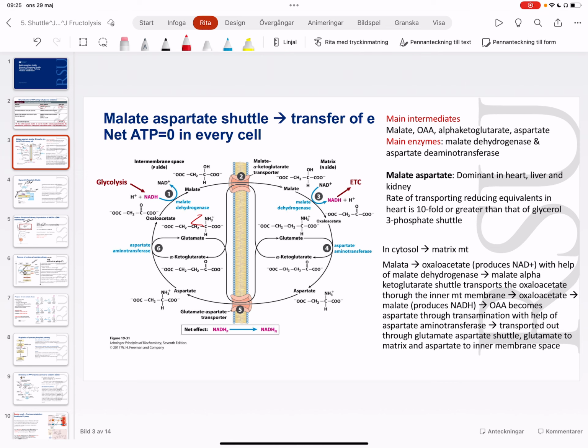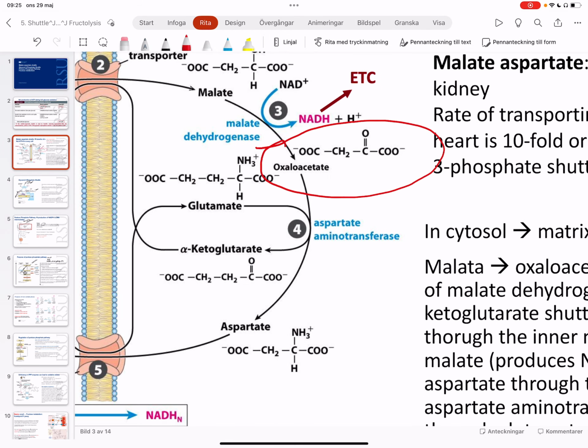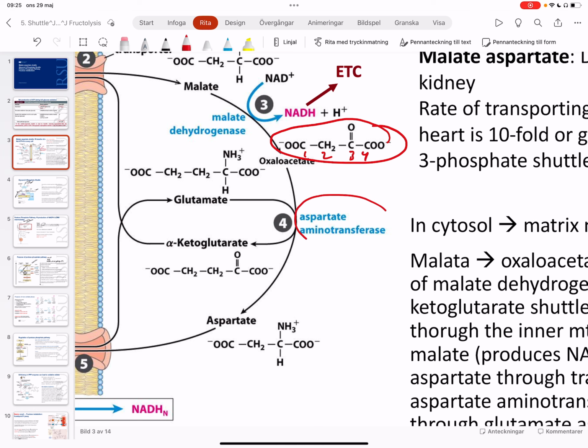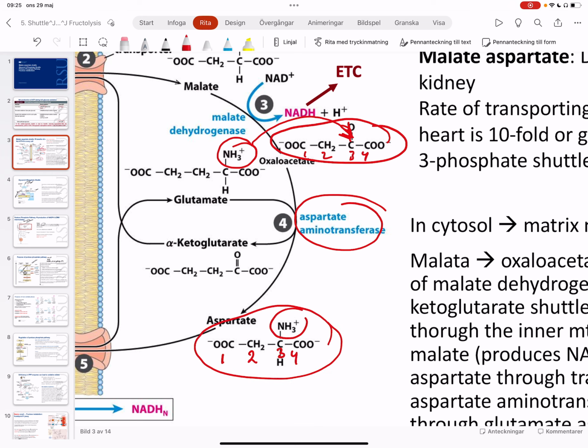So also this is important to remember, because I think for the colloquium we have to know how the molecules look like. So if we look at oxaloacetate right here, it has 1, 2, 3, 4 carbons, and because of the aspartate aminotransferase enzyme, it will take an amino group right here, and it will be put here, and we will get aspartate, which also has 1, 2, 3, 4 carbons and 1 amino group.